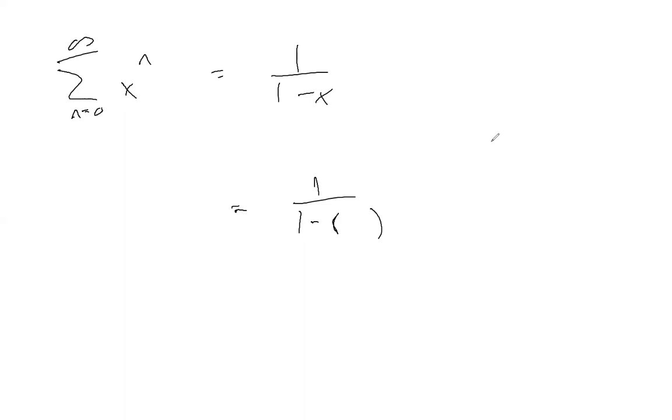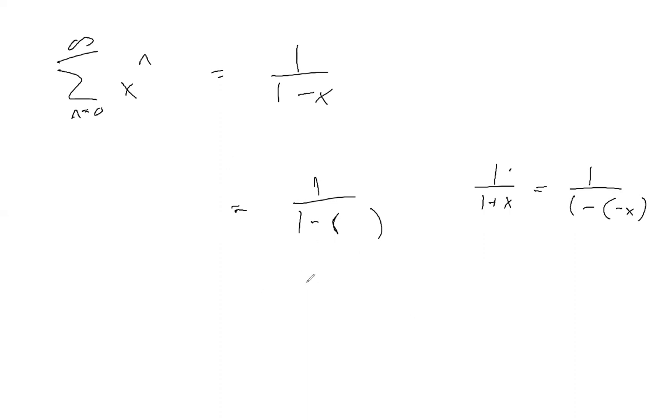So for example, going back to that first example, I was trying to write a power series for 1 over 1 plus x, right? And so I rewrote it as 1 over 1 minus negative x. And then this stuff in parentheses, I'm just going to replace my x in my power series with whatever's in parentheses. Okay. So I'll show you what I mean.